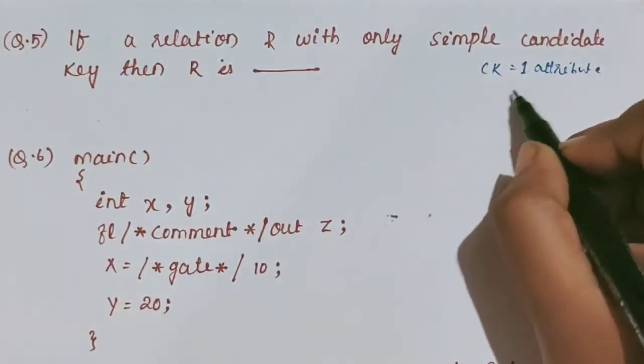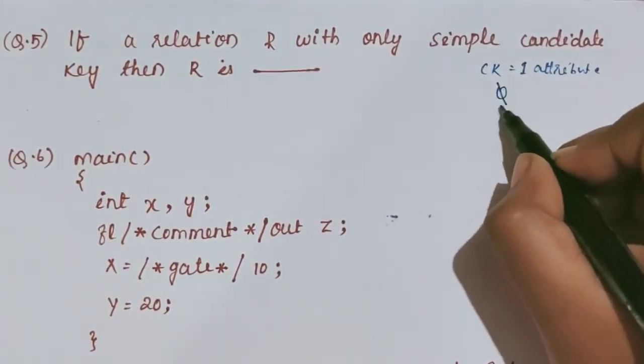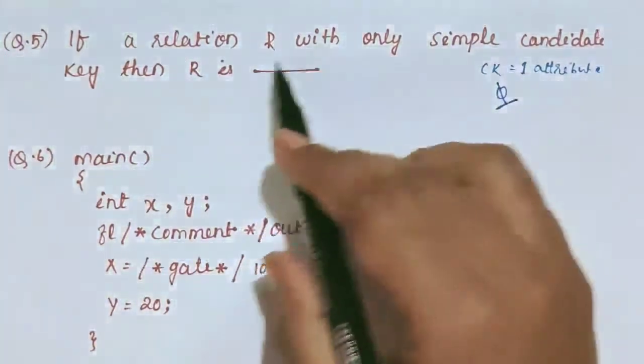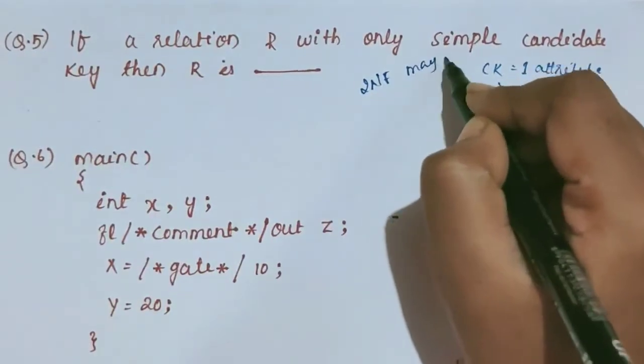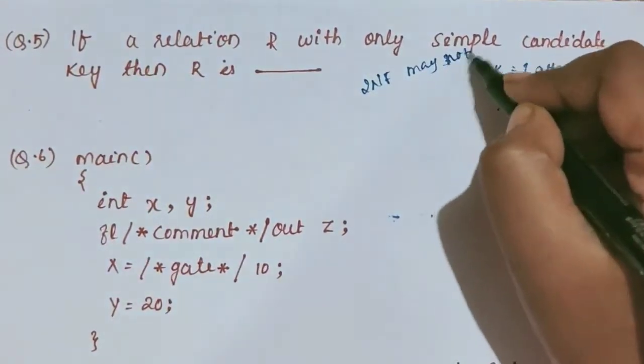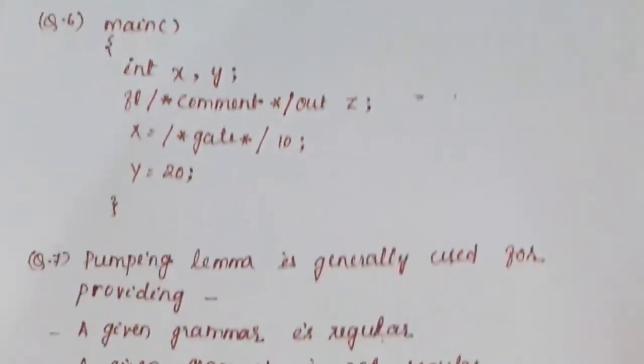So the candidate key is 1 attribute, and if we find proper subsets there will be none, so it is always in 2NF but may not be in 3NF. This is the answer for quiz number 5.